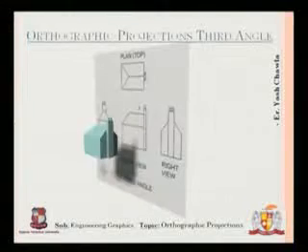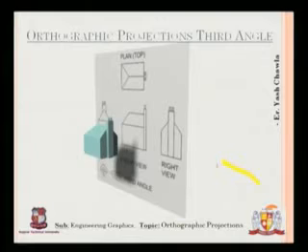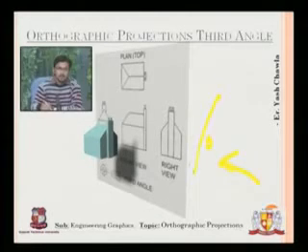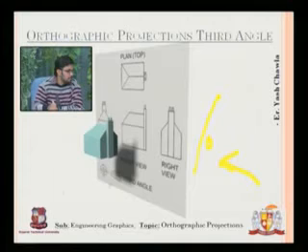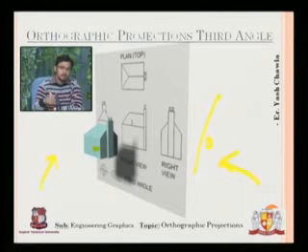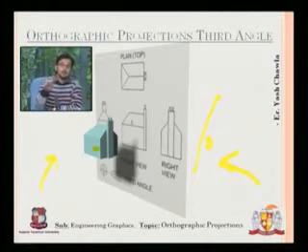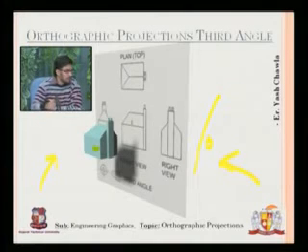This is known as the third angle and this is known as the first angle. Now similarly we will see the same example in third angle. For first angle, you viewed it from this side, the object was here and the screen was here. Now it is totally opposite, you are viewing it from this side, the object is here and the screen is here. As I said, you are looking from the other side of the screen and the object is behind that screen, so it becomes the third angle view.